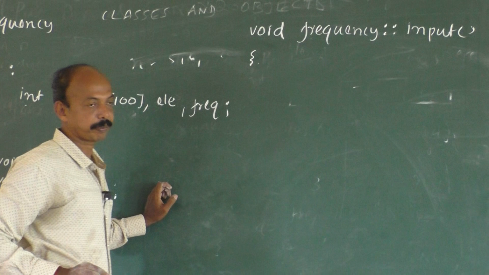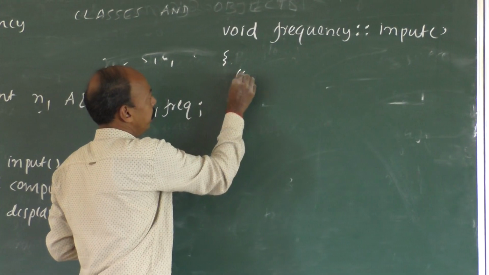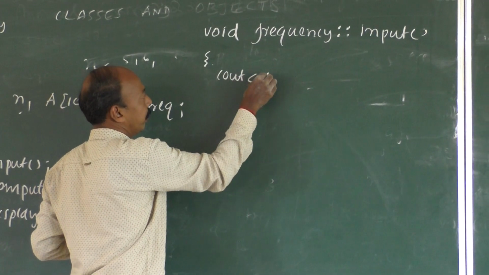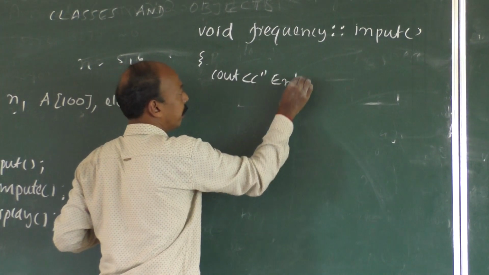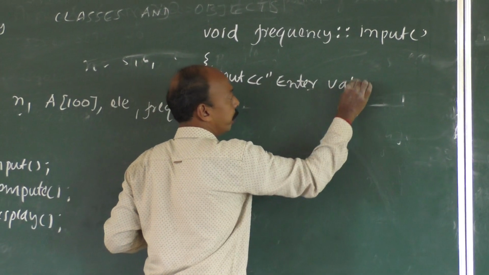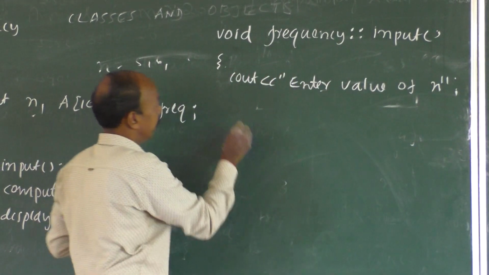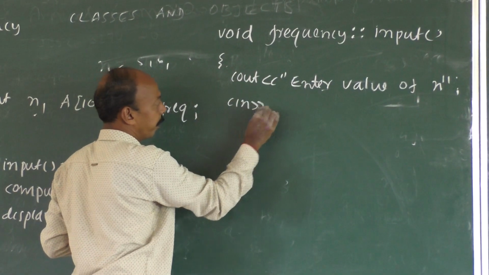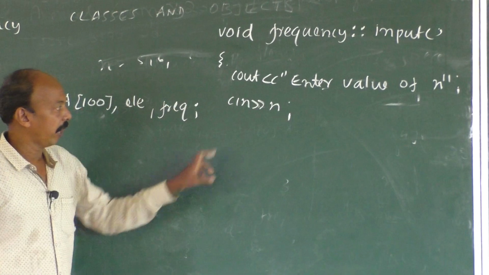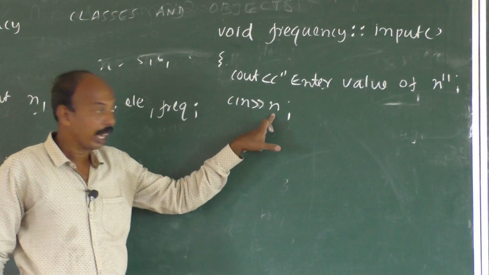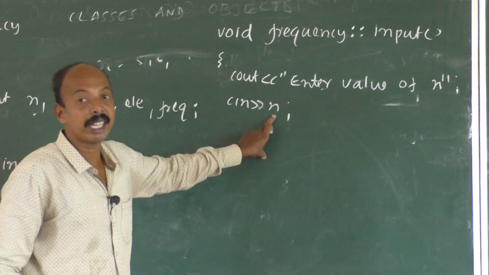Then cout enter value of n, cin n. I will repeat, the value of n we have to enter because it's not 100 every time.